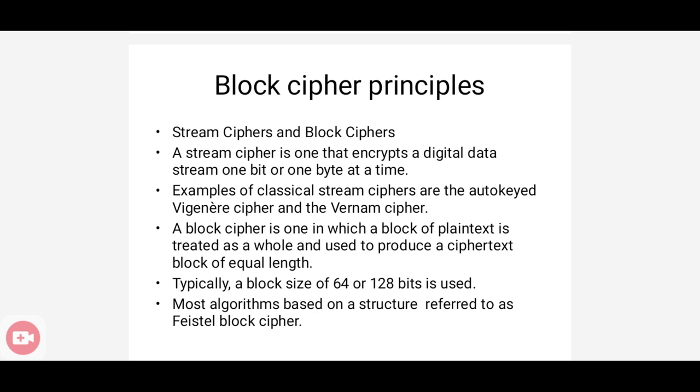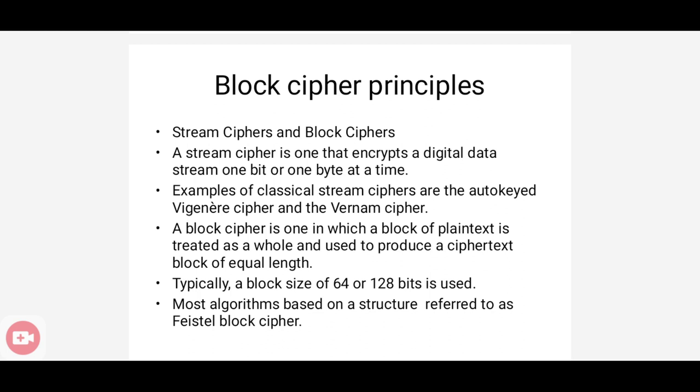In a stream cipher, we encrypt the original data one bit at a time or one byte at a time. But block cipher means we take the plain text and divide it into a number of blocks and encrypt block by block.